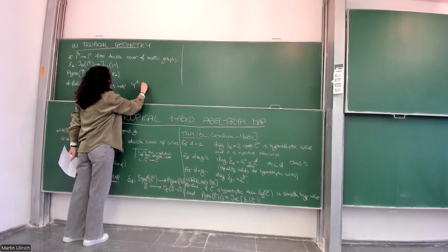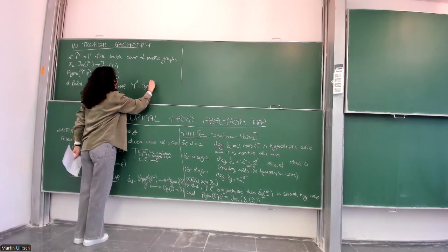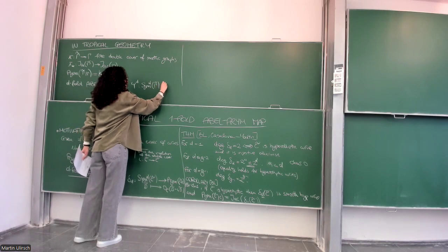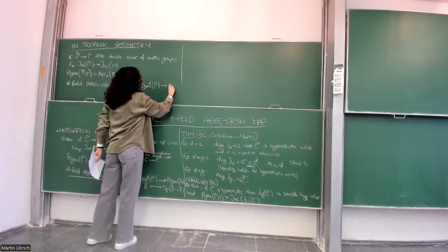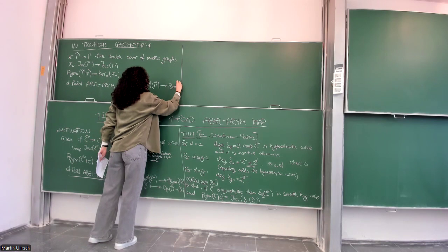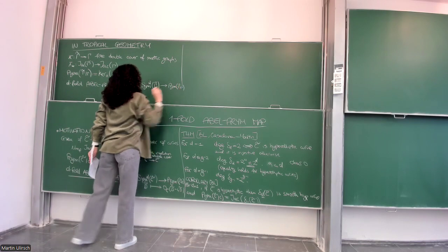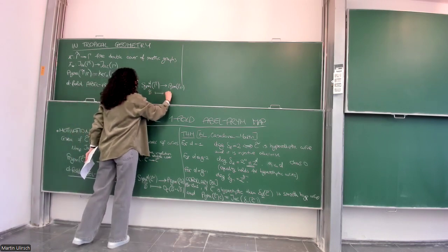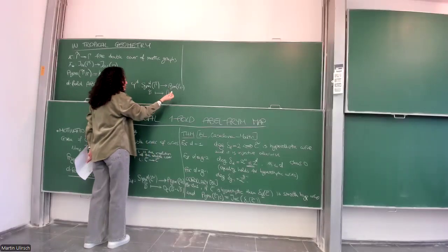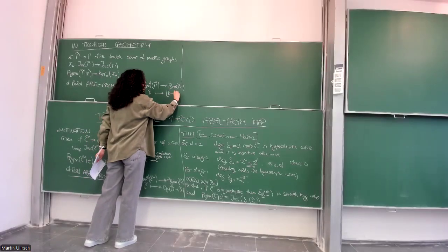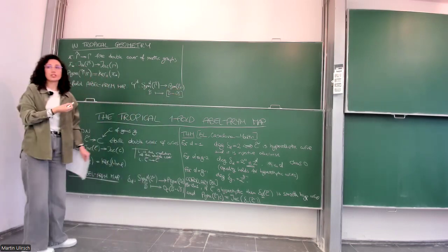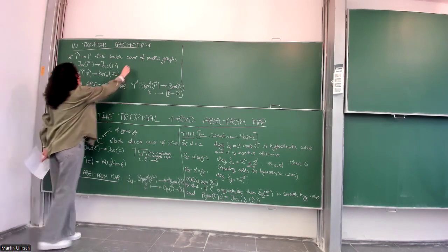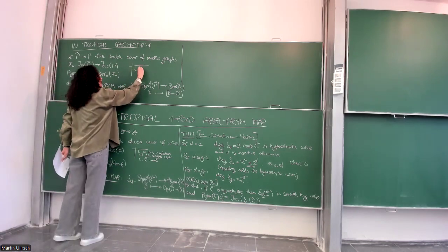It goes from the symmetric product of the metric graph to the tropical Prym, and it sends a divisor of degree d to the divisors linearly equivalent to D tilde minus iota D tilde, where again iota is the involution that swaps the covers. Same situation.